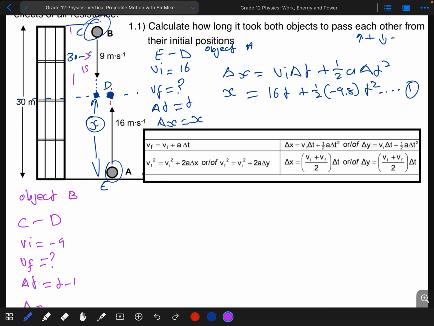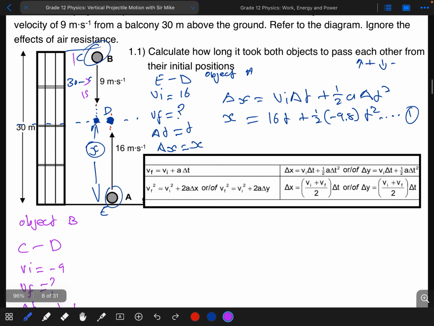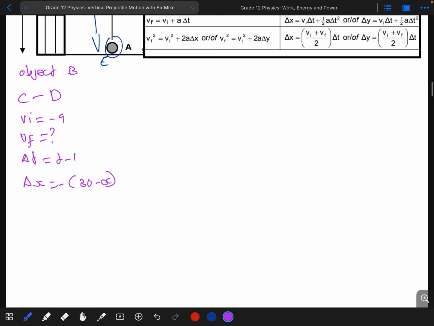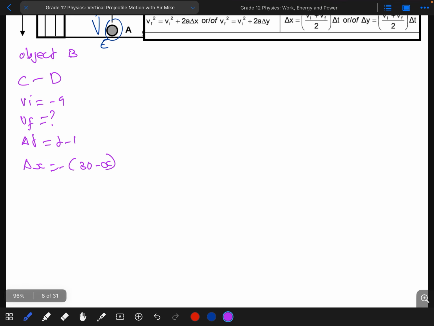Remember, the remaining height below the building is 30 minus x. So the displacement of object B between point C and D would be negative, 30 minus x. My a is simply negative 9.8.